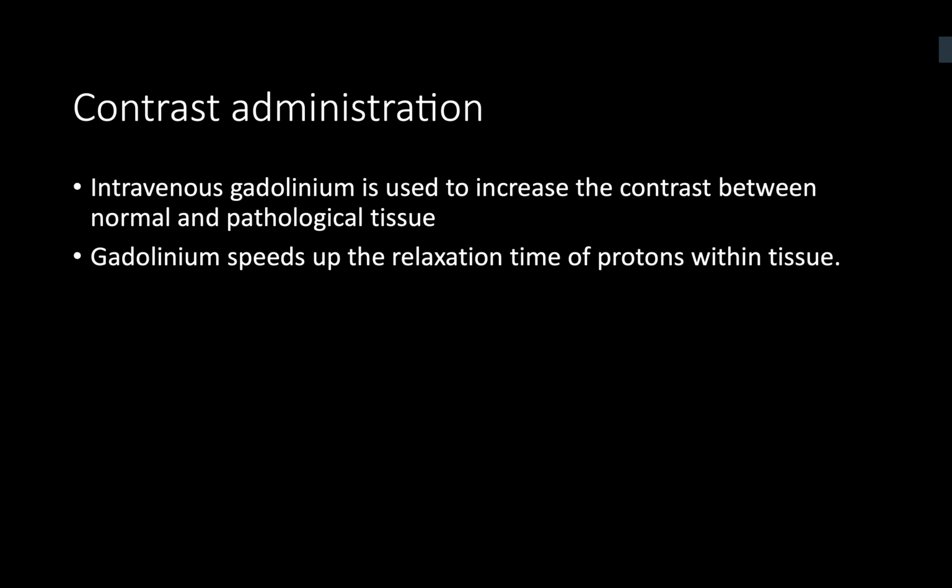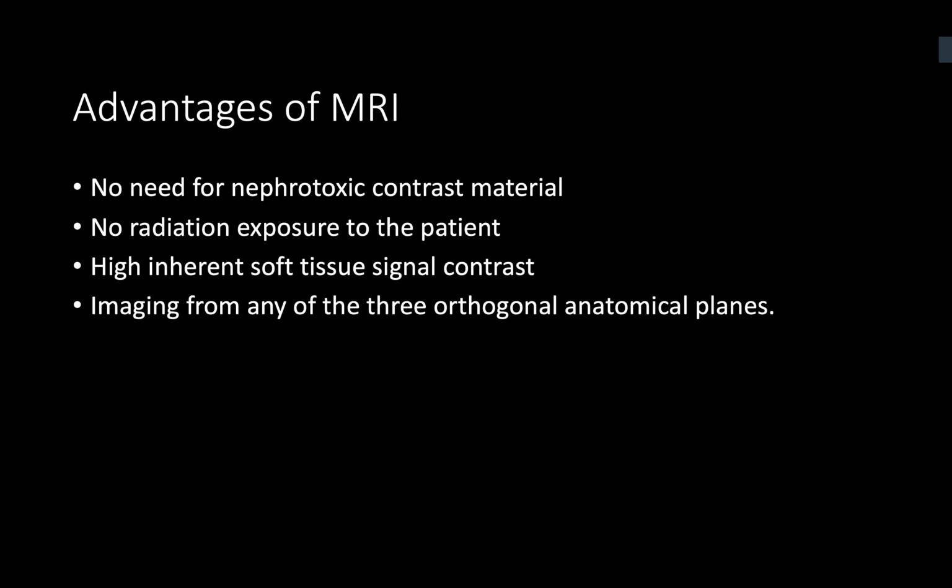So contrast will be quickly taken up and washed out in cancer cells as compared to normal cells. Okay, so basically it speeds up the relaxation time, so we can get better accuracy or better resolution of the images.